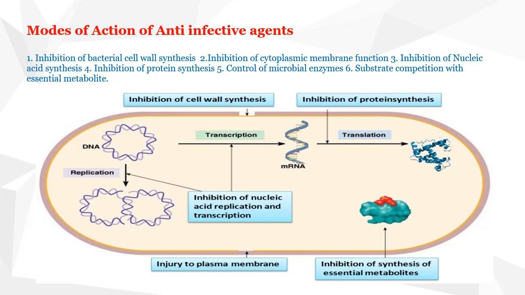In this, you can see the diagram very well. It's a diagram of a bacterial cell, a prokaryotic cell having a well-defined cell membrane and a cell wall, wherein the drugs can act on these areas of the cell wall and plasma membrane, interfere with the process of protein synthesis, inhibit nucleic acid replication and transcription, or inhibit the synthesis of essential metabolites.